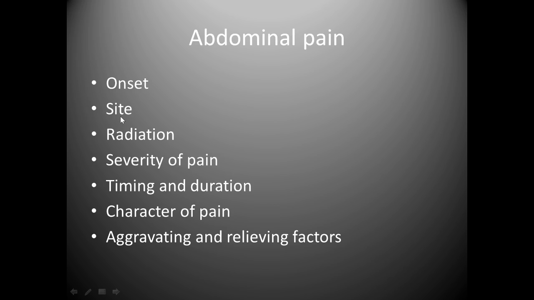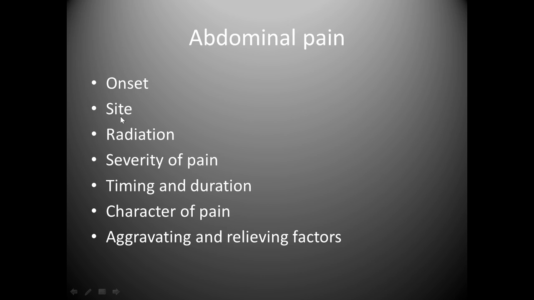If the patient just uses his hand and runs it over the whole abdomen, then we know that the pain is not localized and it can be due to colicky. It can be colicky or non-specific pain.